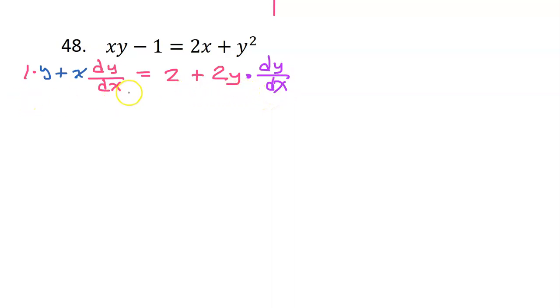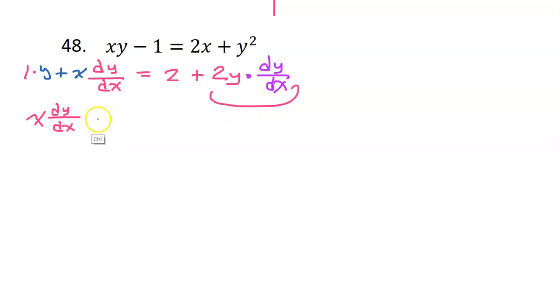So let's get all of the dy dx terms on the left side of the equation and put everything else on the right side of the equation. Okay, so I'm going to have my x dy dx over here on the left. I'm going to move this over here now.